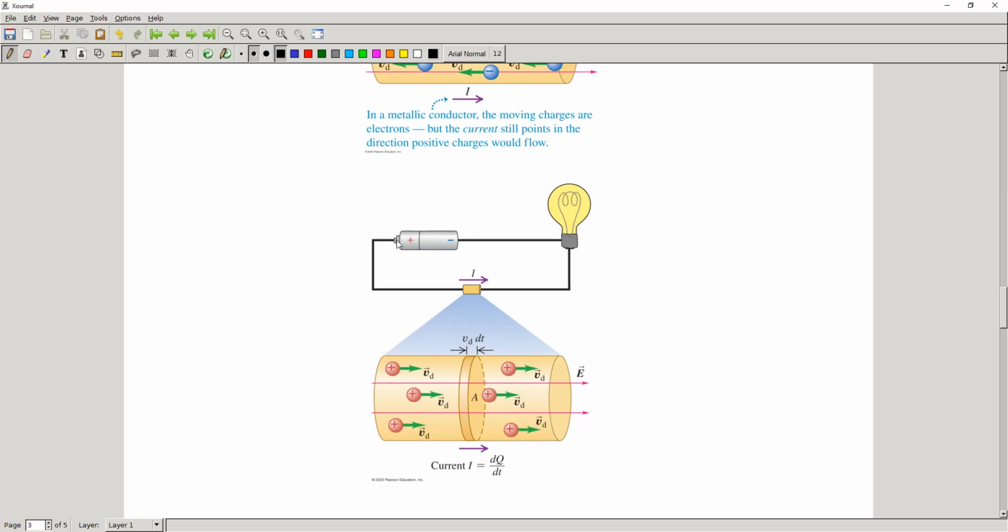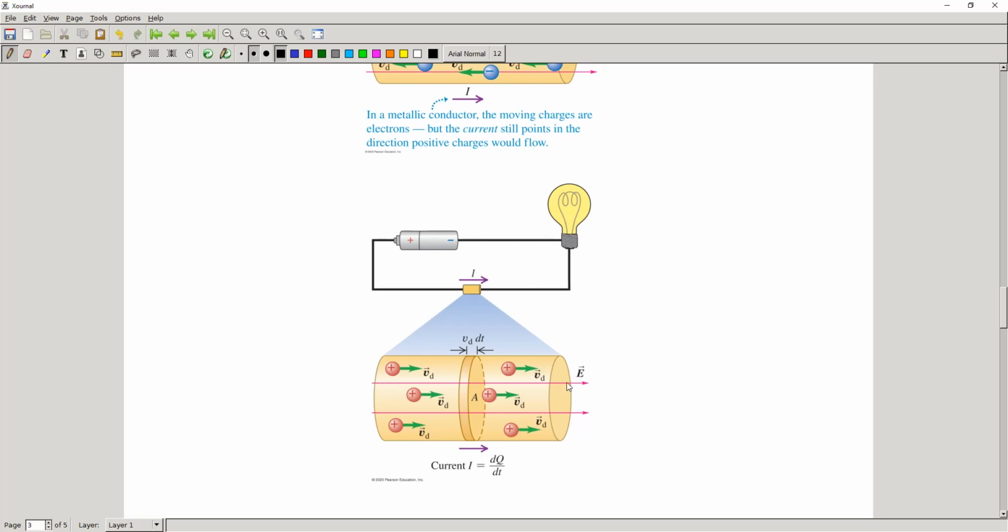We can imagine positive charges coming out of the positive terminal, running down the wire, through this section where we're looking at it, up into the light bulb, giving off some light, and then back down into the negative terminal of our battery. But we could just as easily think about this as negative charges leaving the negative terminal of the battery, going into the light bulb, flowing back through here. We'd have the same current, right?